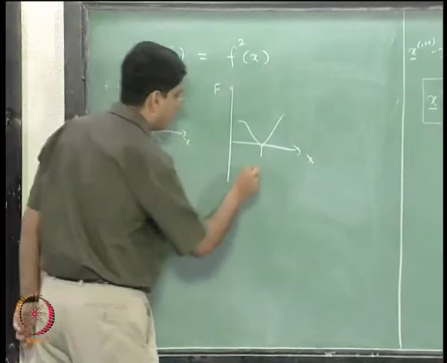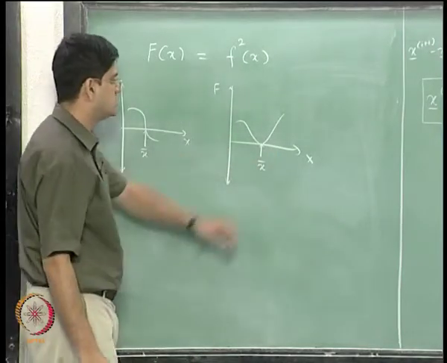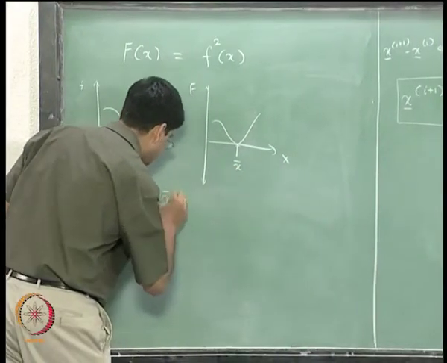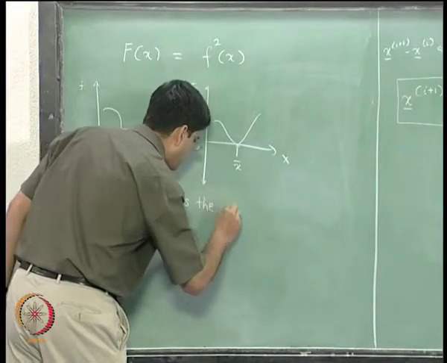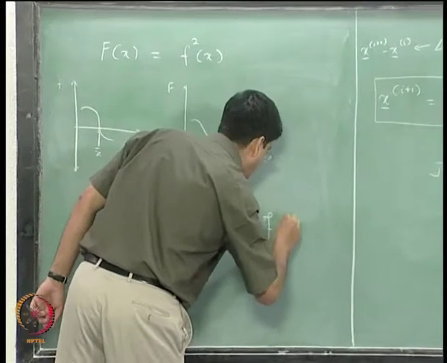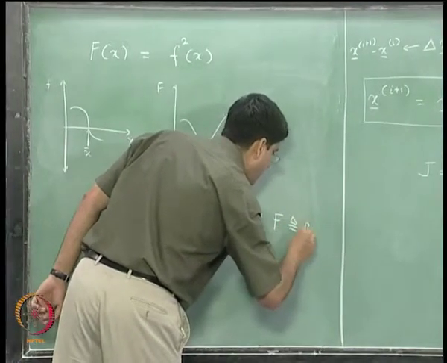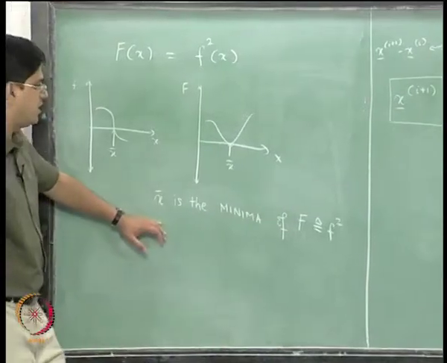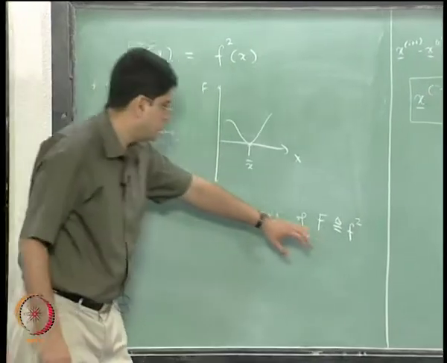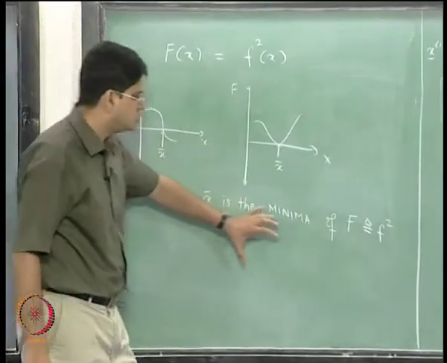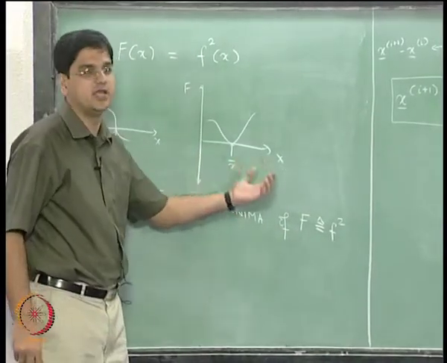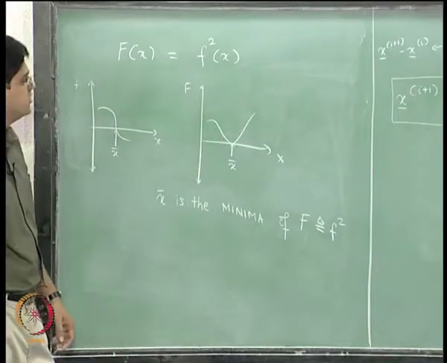So, if we call this the solution x bar, then x bar is the minima of f, which is defined as f square, and we can use this property to get an improvement in Newton-Raphson's method.